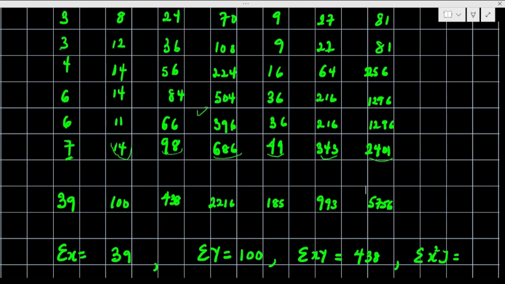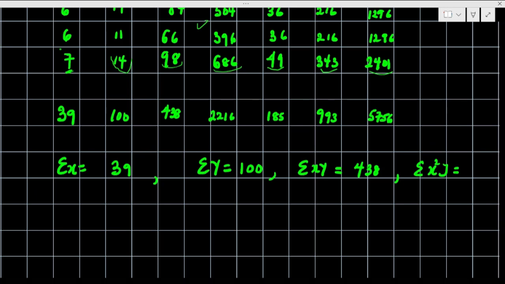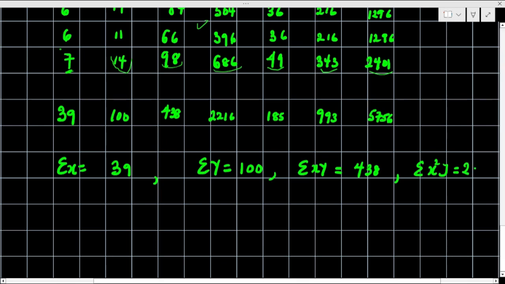So then we can now say the summation of x is 39. My sum of y is 100. My sum of xy is 438. My sum of x squared y will give me 2216, right?